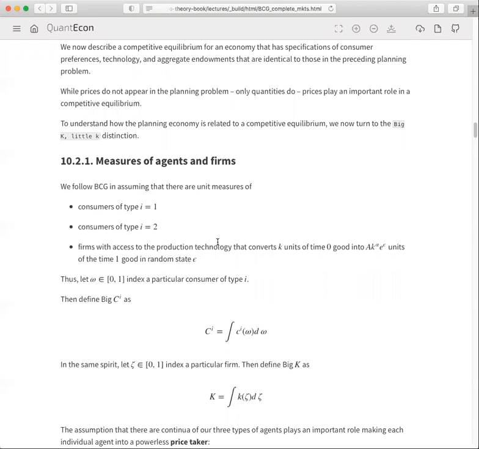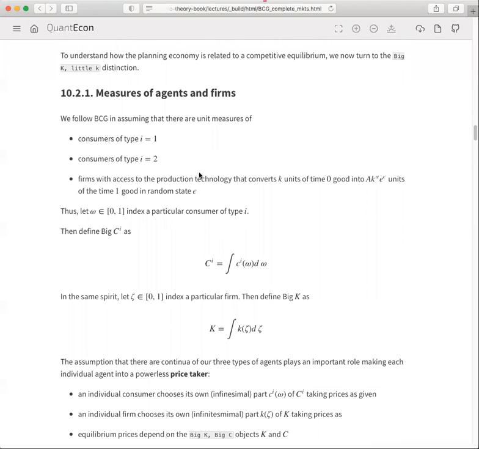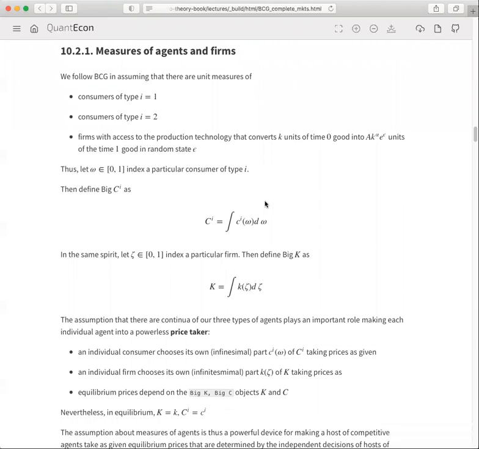There's going to be a whole bunch of these firms. Okay, and they're going to have these numbers. So talk a lot about big C and little c, big K and little k.